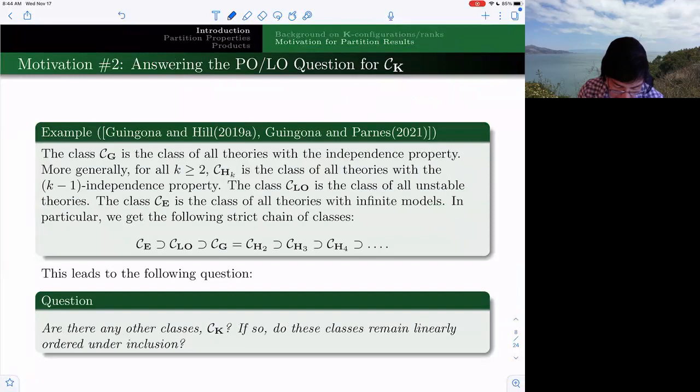And when they look at the classes for ages that they know about, they find that they sit nicely in this linear order, but in general, it should be a partial order of classes. And so they're wondering, are there any other ones? Do the classes remain linearly ordered? Is there some reason for that to be the case? So we were on the hunt for classes, basically, and it became a very general investigation. Okay, so that's motivation number 2.